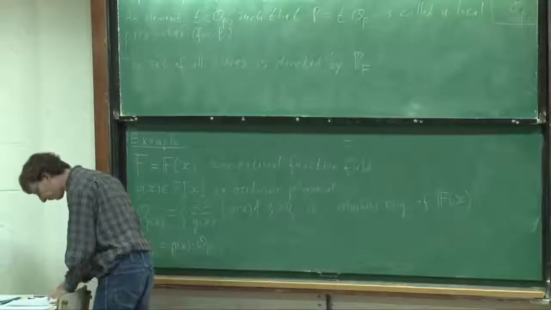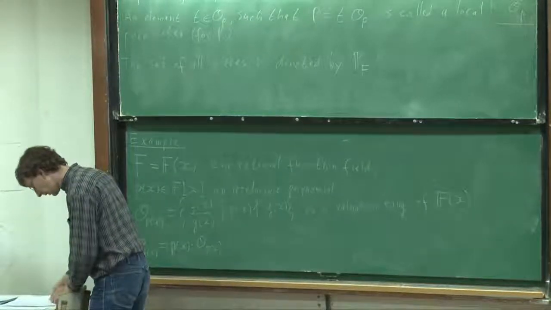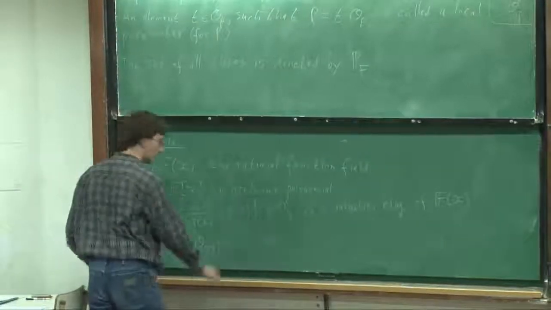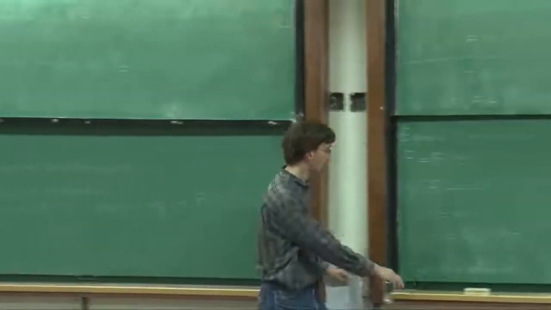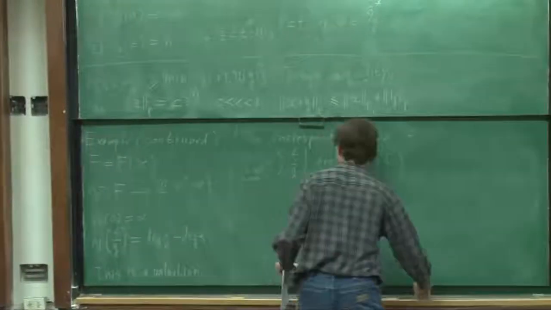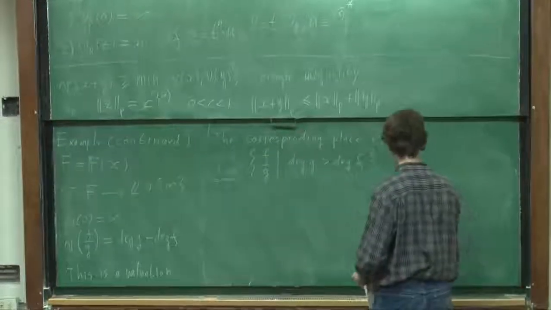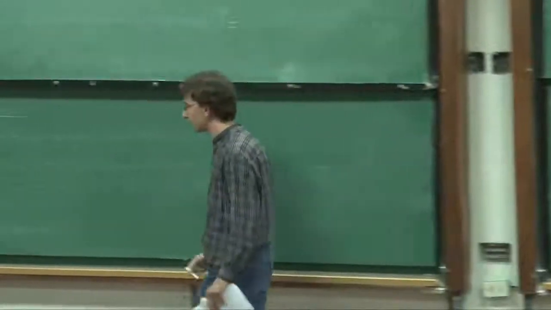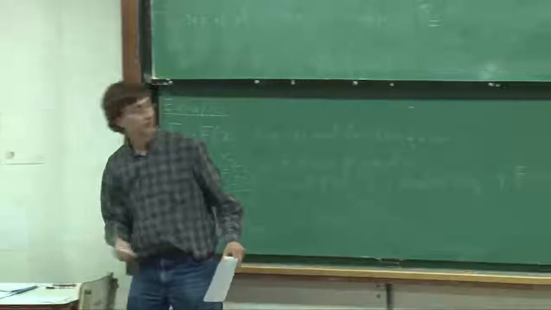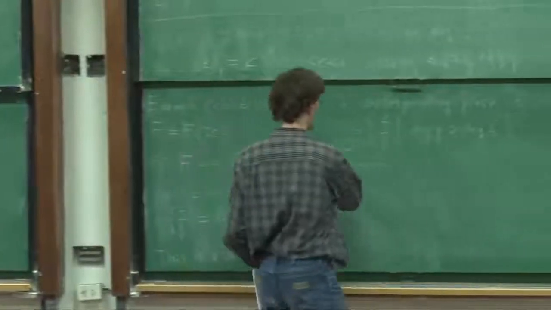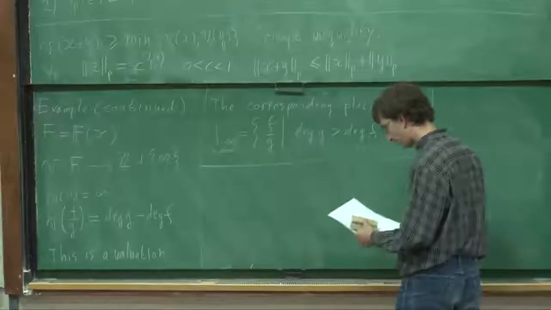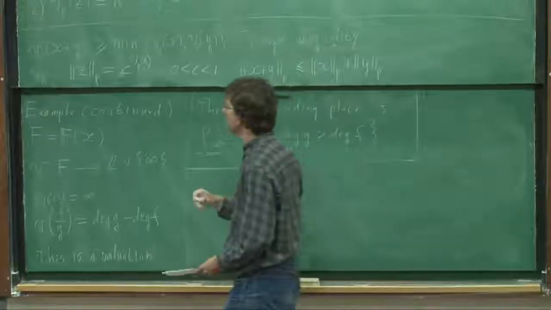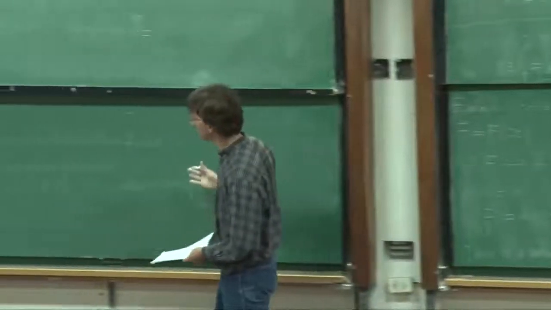Okay, so there are a few more things I would like to tell you, so we get some more notation in place. They are called function fields, these objects.